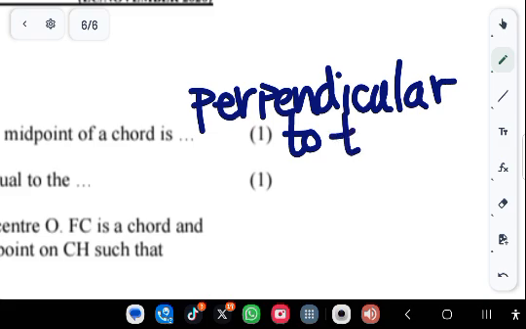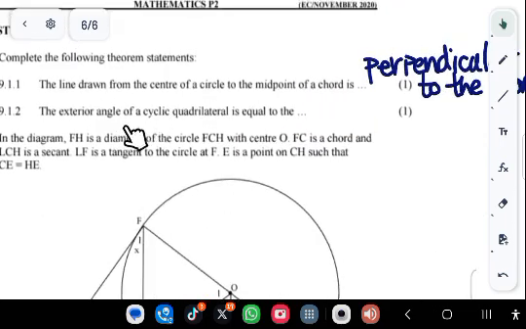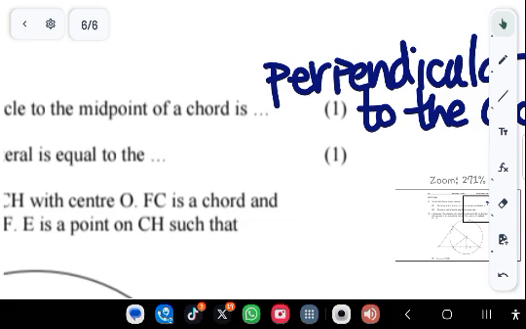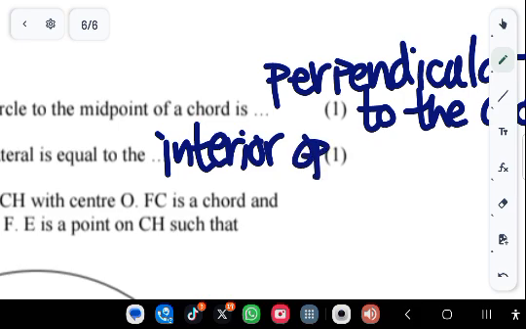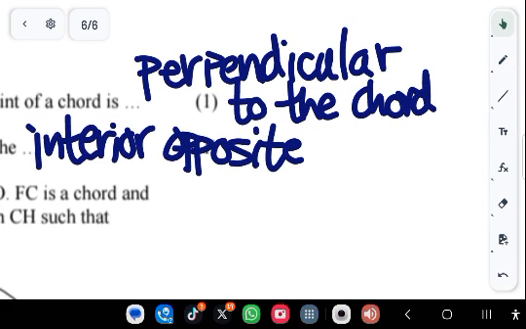Next, the exterior angle of a cyclic quadrilateral is equal to the interior opposite angle. That is how we finish this sentence.